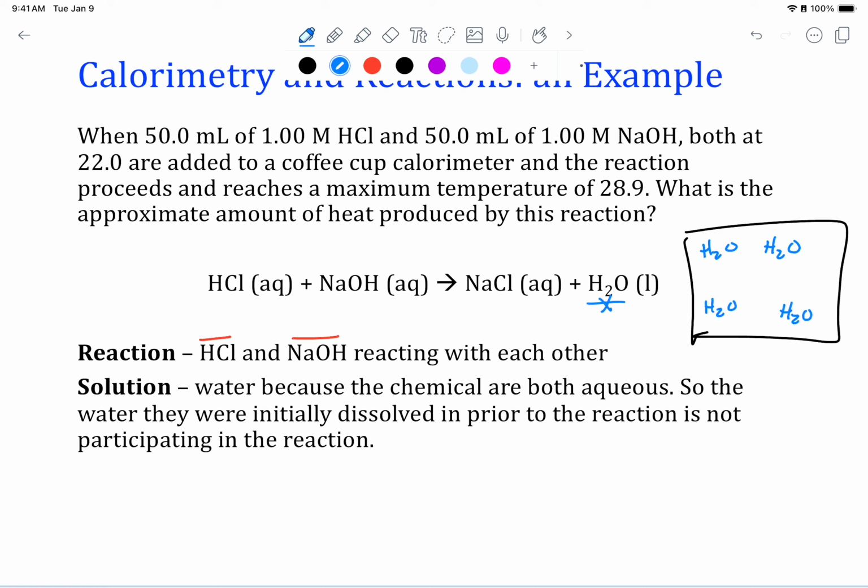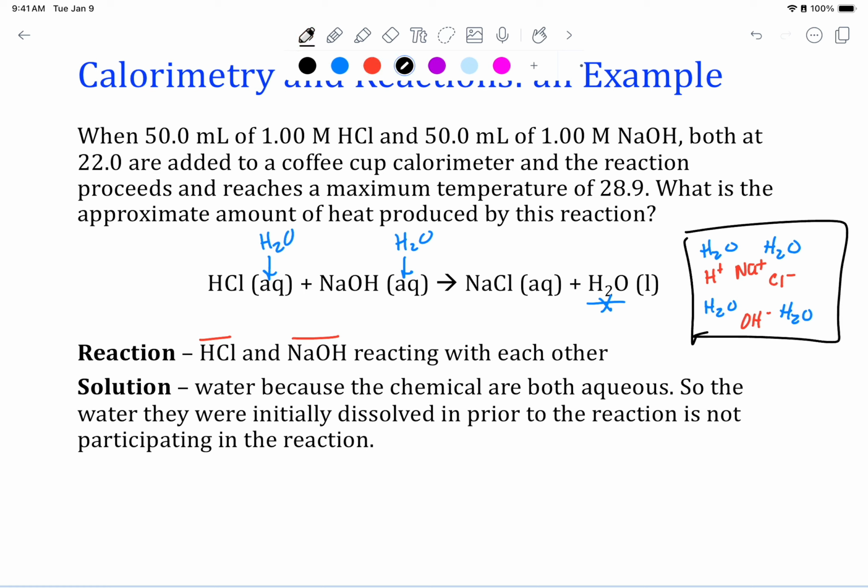It's not that. It's the H2Os from the aqueous solution. So in my aqueous solution, I have a bunch of H2O, but I also have H pluses, Cl minuses, Na pluses, and OH minuses. So I have those ions floating around in solution.